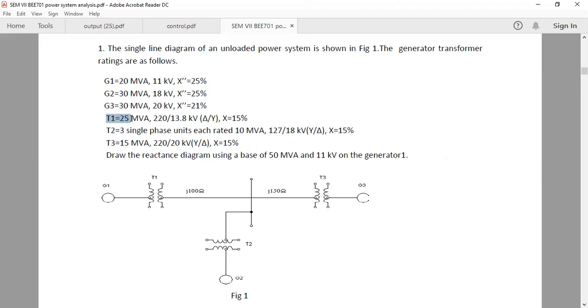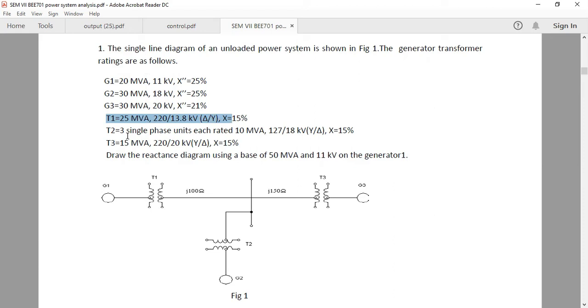Transformer T1 has a power rating of 25 MVA. Its voltage on the primary and the secondary side is 220 kV by 13.8 kV, and the connection on primary and secondary is delta and star. Its reactance is 15%. Transformer T2 is 3 single phase units, each rated 10 MVA.